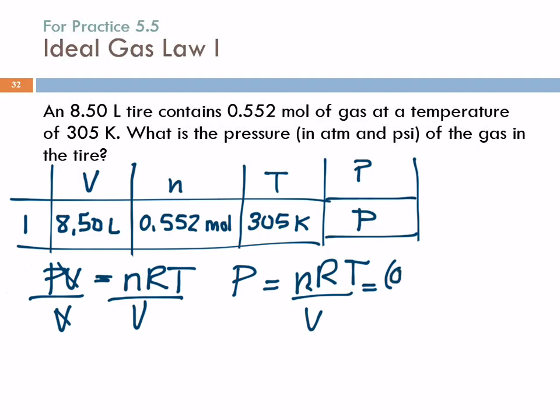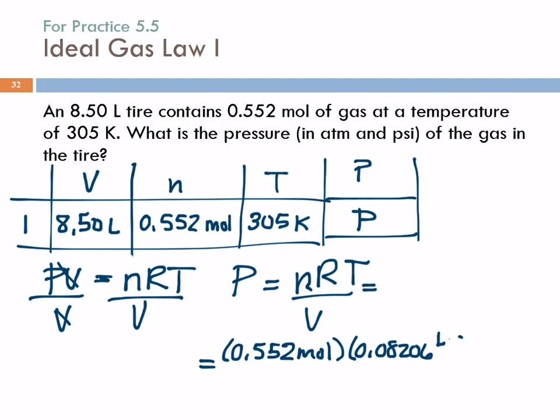N is 0.552. Okay, I'm not going to have enough room there. I'm going to do this down here. 0.552 moles. And then R. Well, if you don't remember it yet, look it up. It's 0.08206.